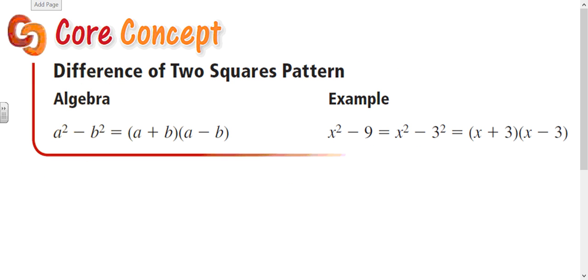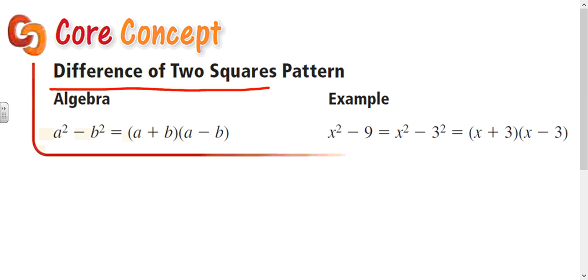This is called a difference of two squares, because remember, we're multiplying a number by itself, and anytime you multiply a number by itself, that creates a squared number. So for the difference of two squares, if your polynomial is a binomial, and both terms are perfect squares and they're subtracted, then your factors are going to be a plus b and a minus b.